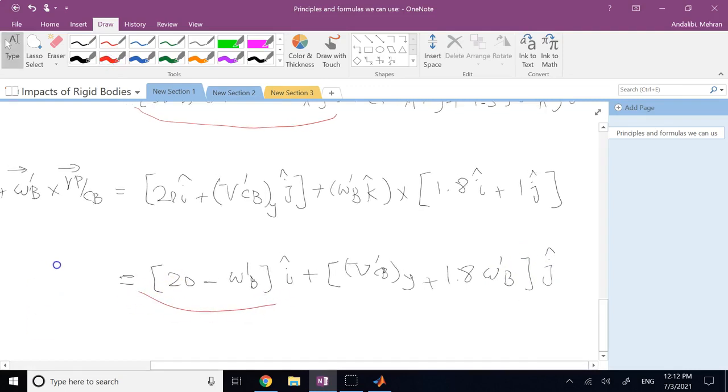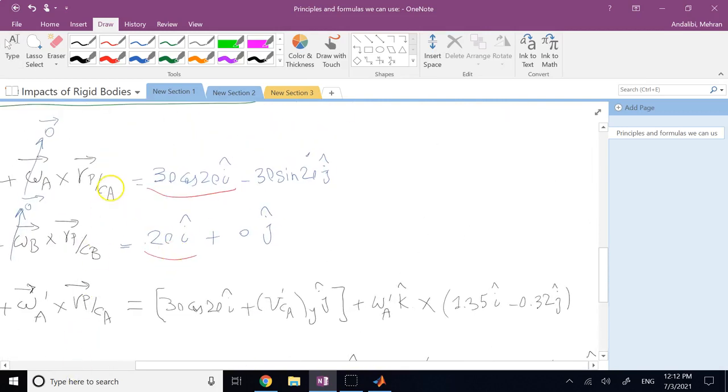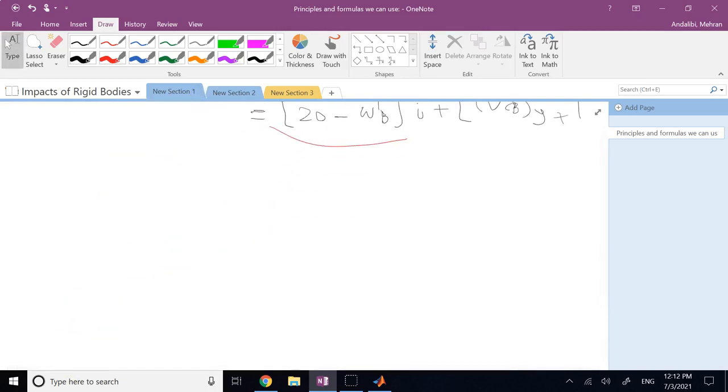So now these i components that I underlined here, here, here, and here, we plug them all into the E equation.